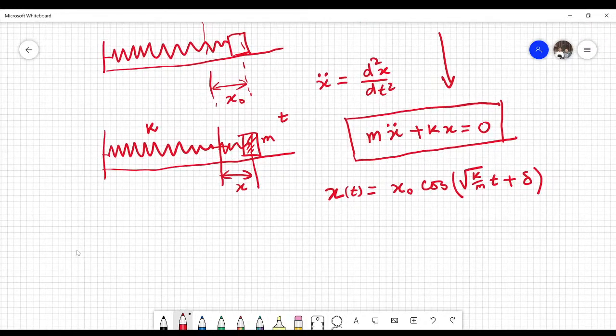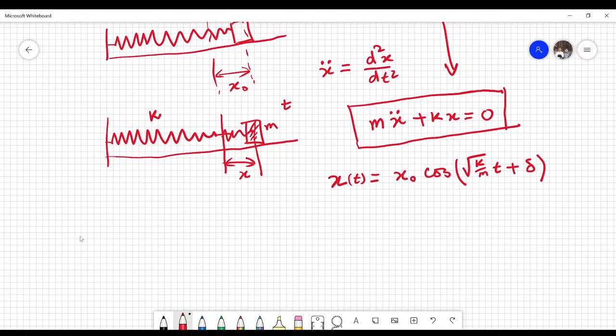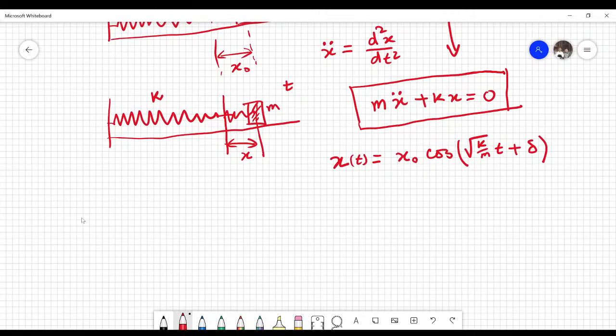Okay, but instead of directly applying Newton's law, we can solve this kind of one-dimensional system in another way called the energy approach. When you apply conservation of energy to solve the system, we call it the energy approach. Let's analyze the same system a little bit differently.